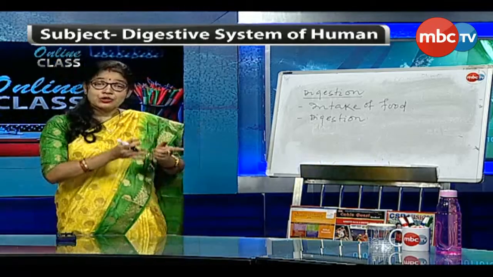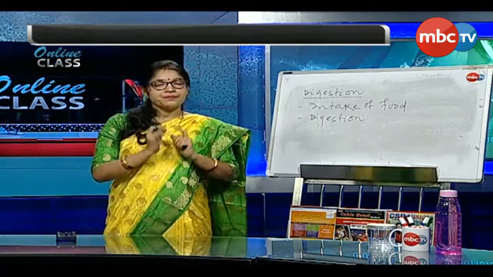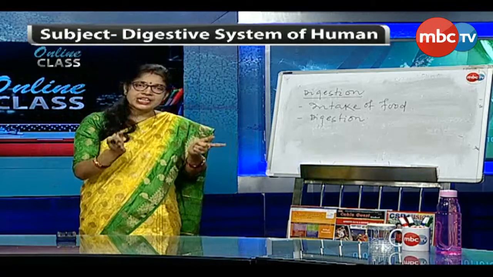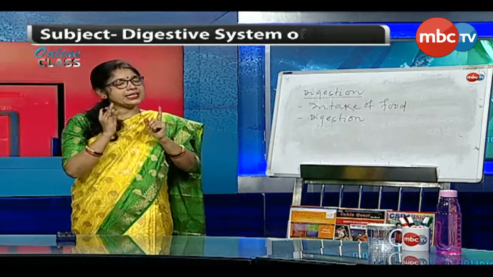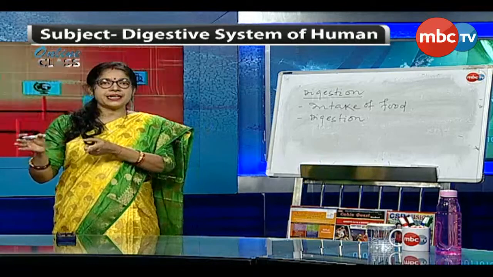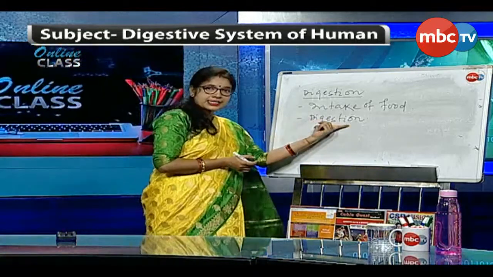And at last, within the small intestine, maximum digestion will occur in presence of the enzymes and the hormones which are secreted. So, mostly protein and lipid digestion is completed within the small intestine. So, this is known as digestion.